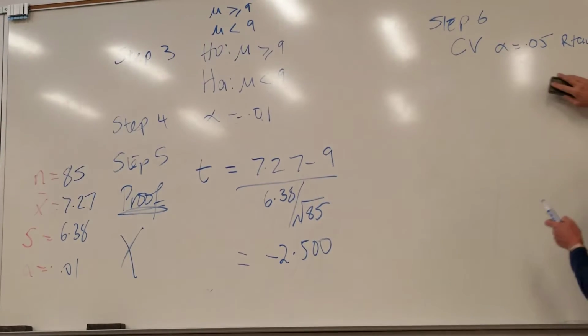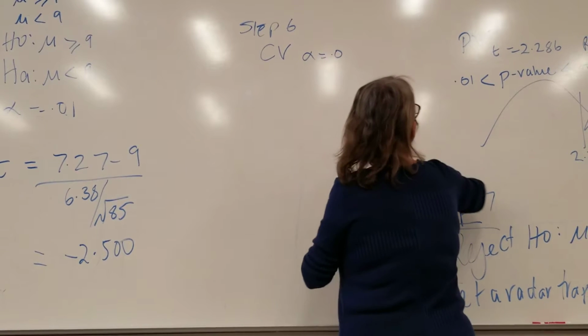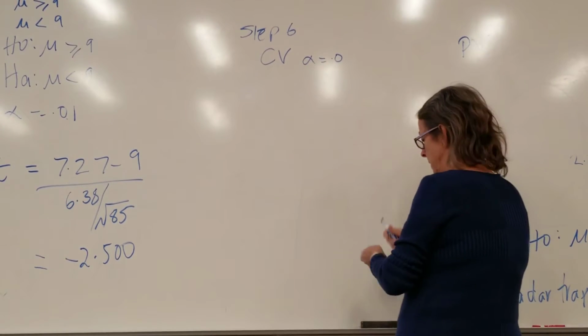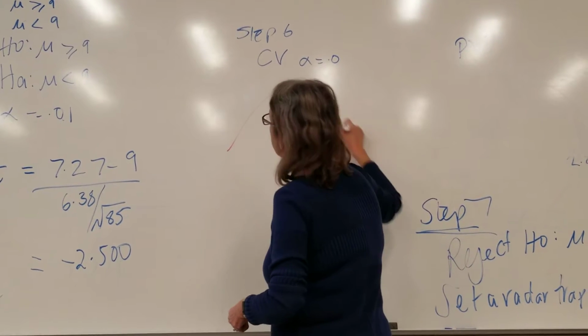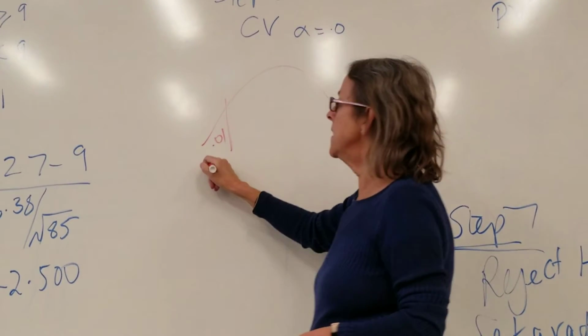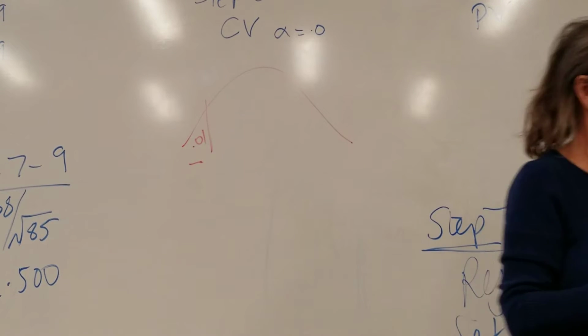So for the critical value method, your alpha is 0.01, it's a left tail. You need to know that this is a negative even though you don't have negative t-tables.